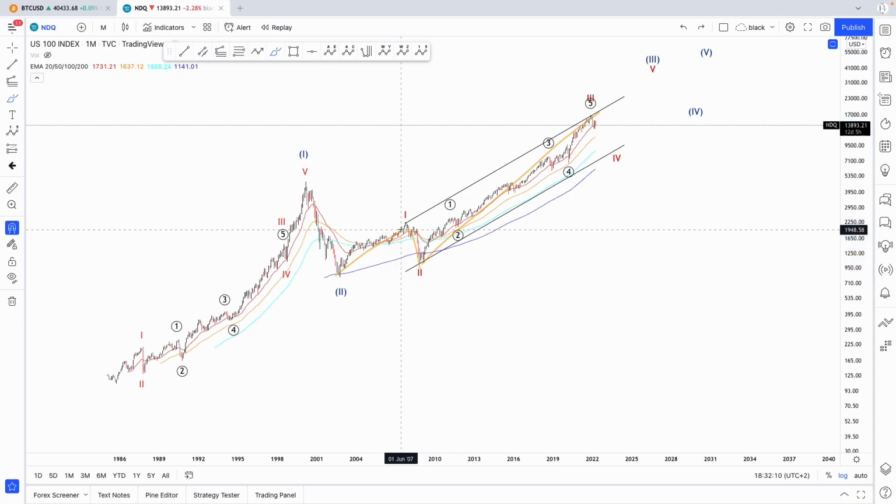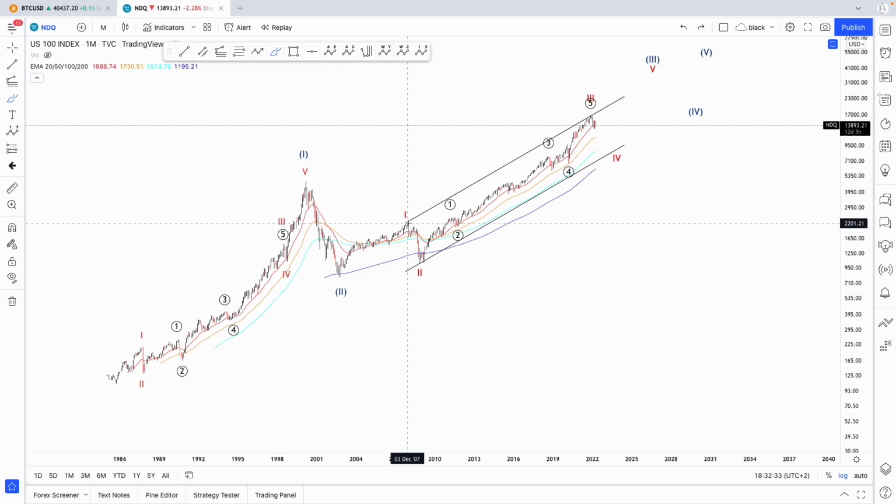Now, because of the rule of alternation, which we know says that two corrections will alternate in shape. What does it mean? It doesn't mean that one has to be a zigzag and the other one has to be a flat. Once again, if you don't know what a flat or zigzag is, I recommend checking out my previous video on Elliott Wave.